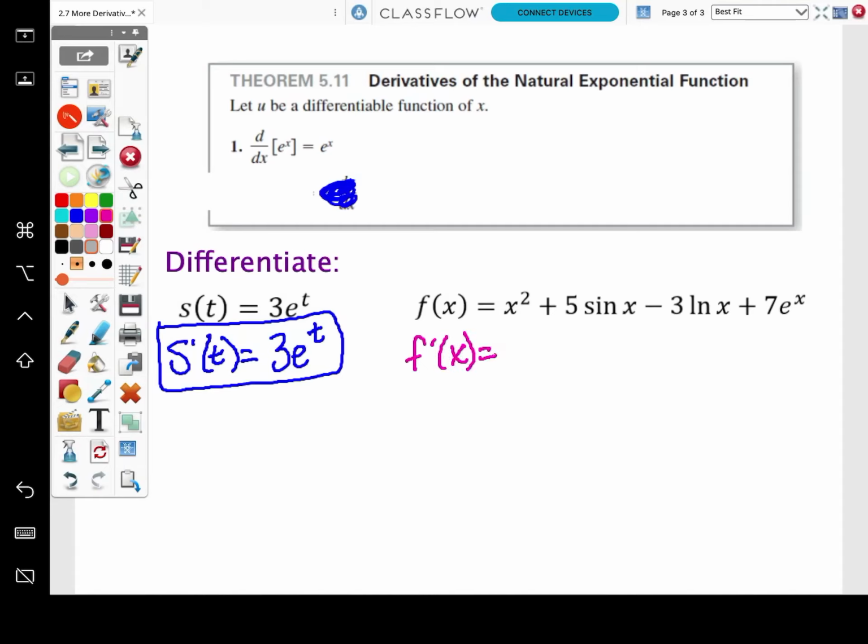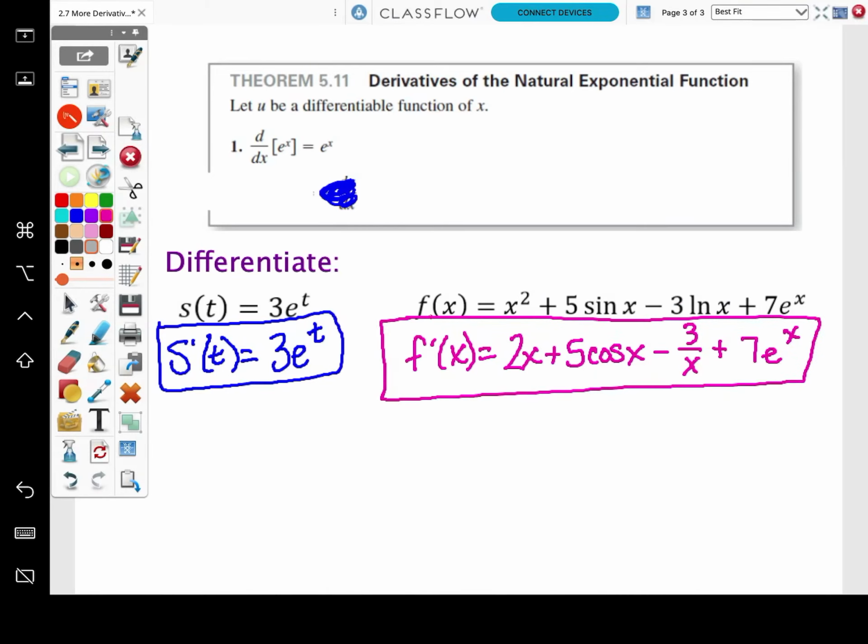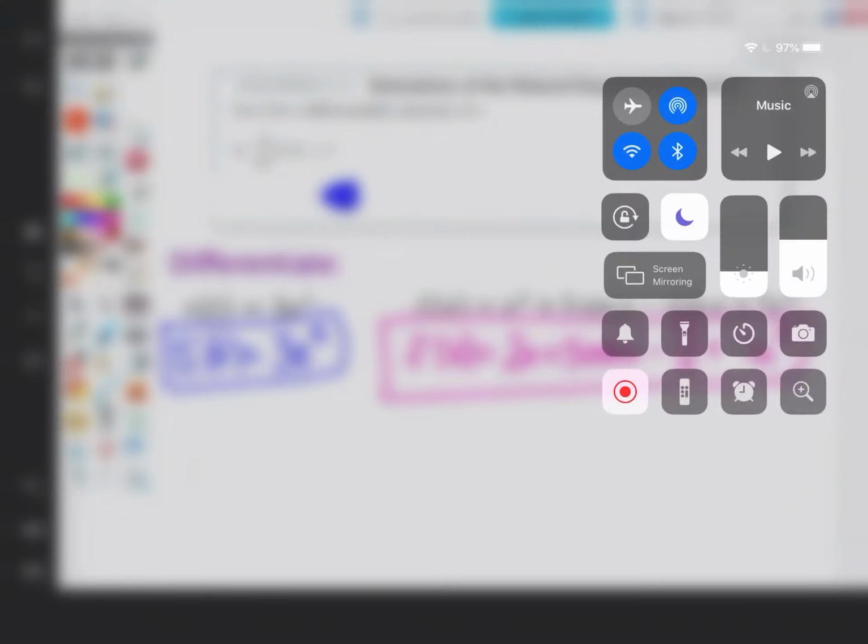Okay, differentiate f of x, one last problem for this video, and then you can get to work on your assignment because you'll have all the fun in the world. 2x, derivative of sine, yep, cosine. Derivative of 3 ln x is 3 over x, and the derivative of 7e to the x is 7e to the x because it's the coolest function ever. Okay, I hope you feel pretty good about those.